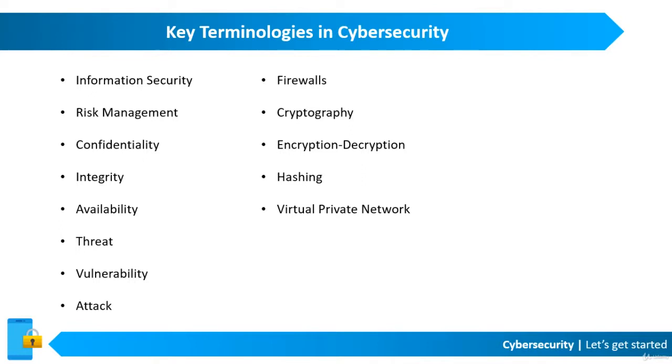A virtual private network is a kind of network people use to access informational assets when they are working remotely, or anyone who wants to access the organization's resources but is not in the organization. It is a secured network which uses secured protocols, as if the people are in the organization itself.